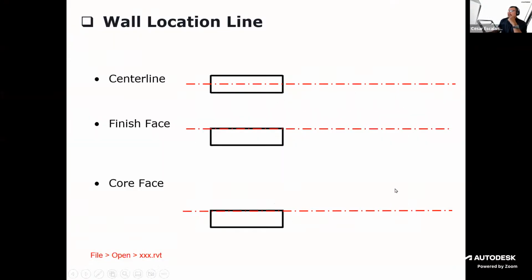Okay, so the location line is a vertical plane that anchors the wall to a level. And so it defines the start point and the end point of a wall. When we create a wall, we typically start by picking the first point: where does the wall start and where does it end?